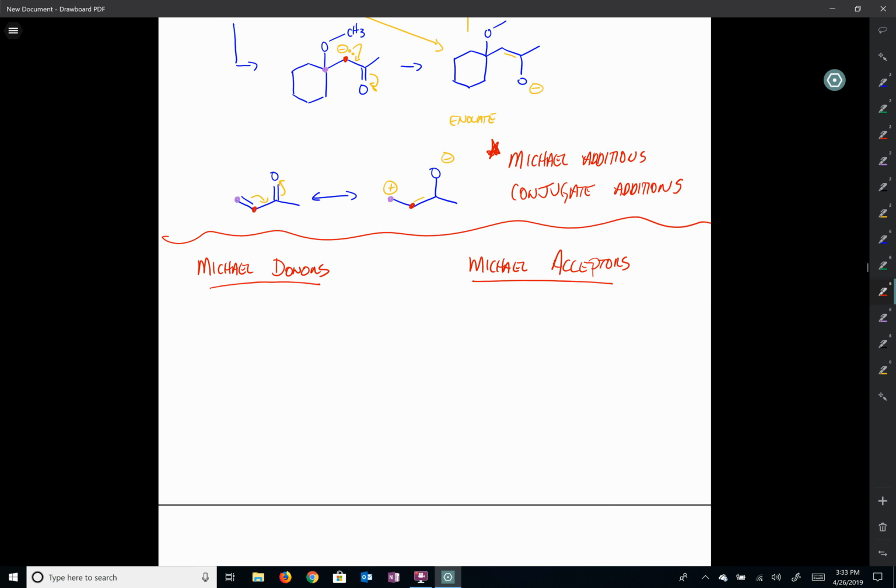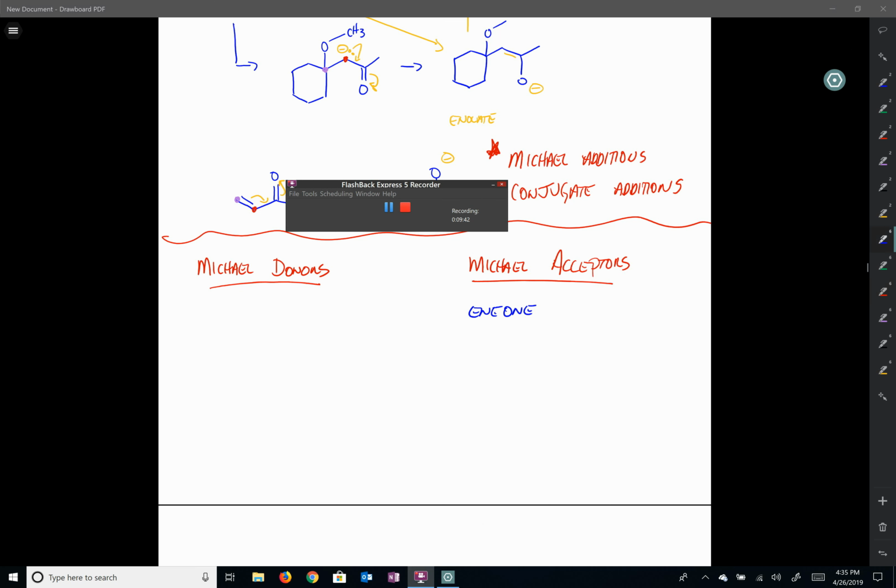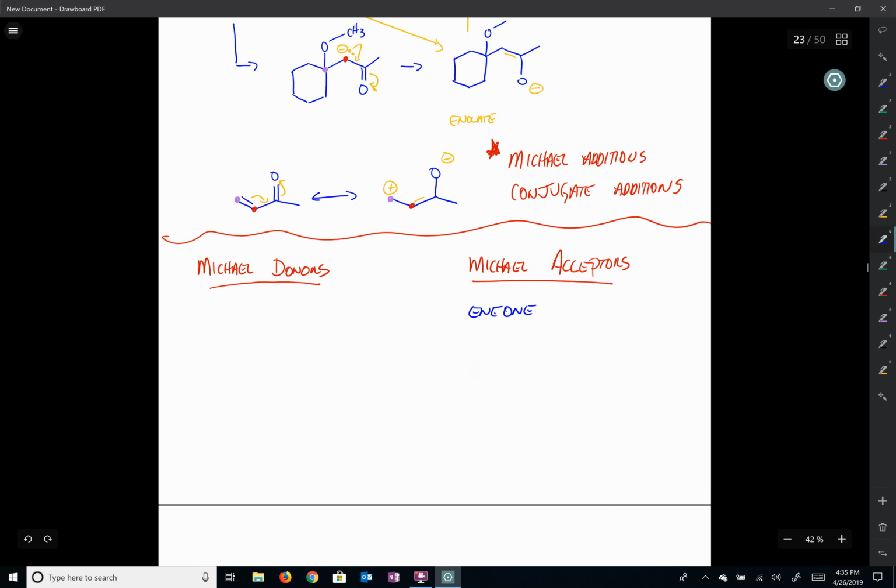Okay, so let's talk about Michael acceptors. Now, a Michael acceptor is kind of the easier end of things. This is really almost any enone falls into the Michael acceptor classification. We have the enones here, which are the ones that we've been working on.